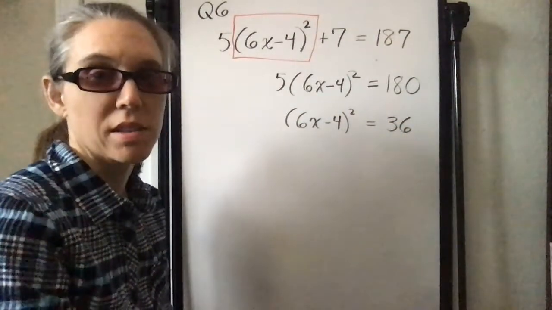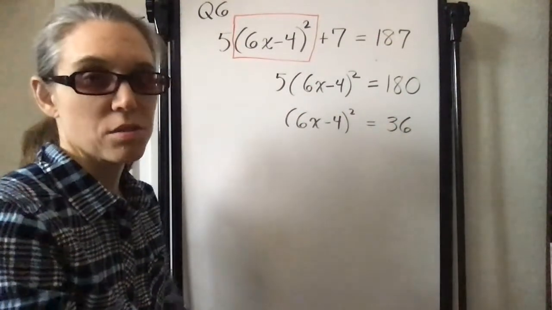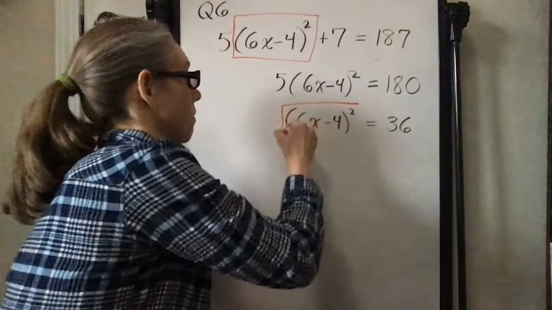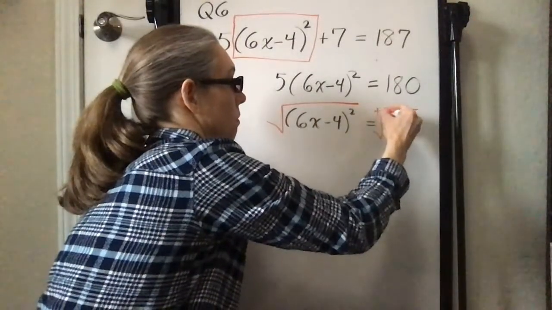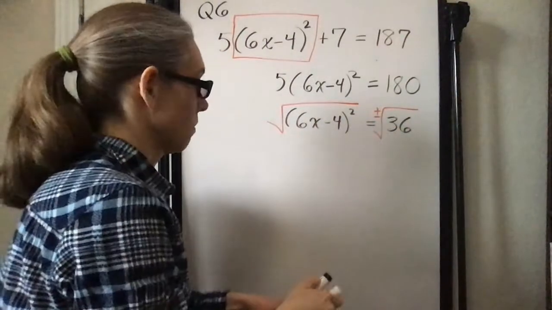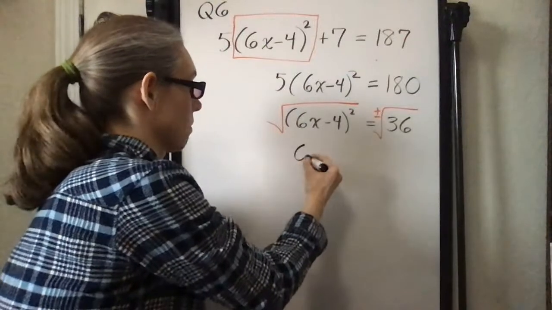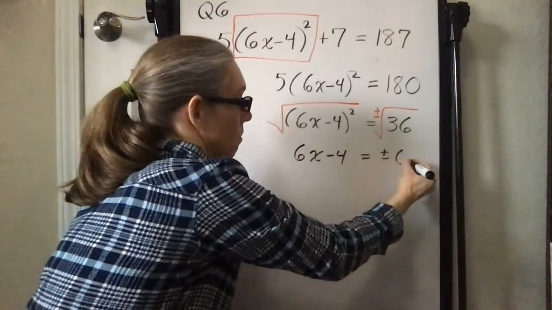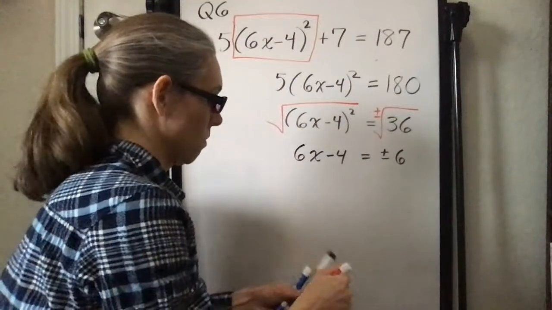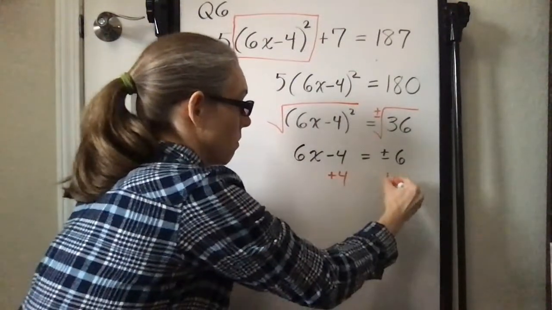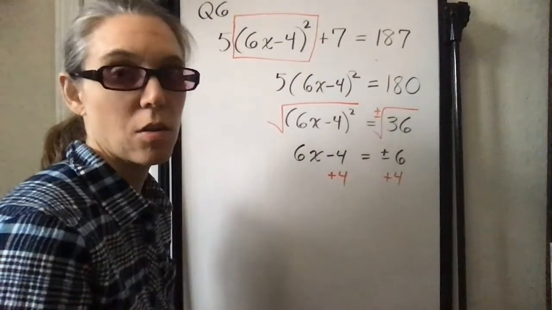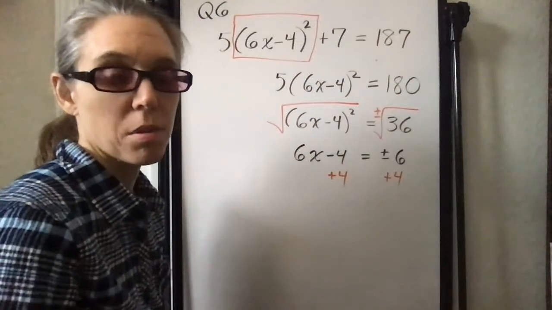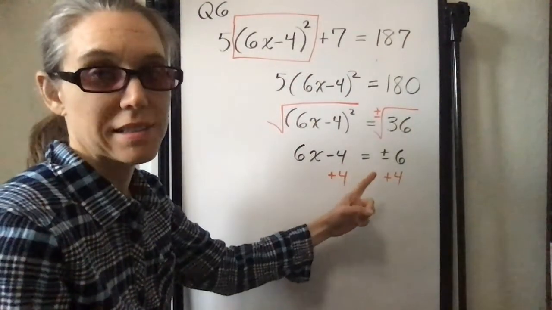Now that the perfect square is isolated, I can apply the square root property. Now when I add 4, remember I don't end up with plus or minus 10.